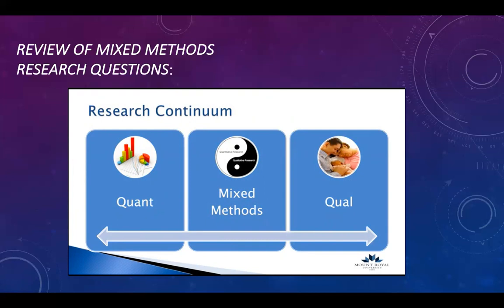Both those paradigms have very different worldviews and values and beliefs, which we looked at previously. So mixed methods, a little bit of yin and yang as it shows in the picture, but we want to combine those two worldviews within one study. So there's lots of different reasons why we might think about that.